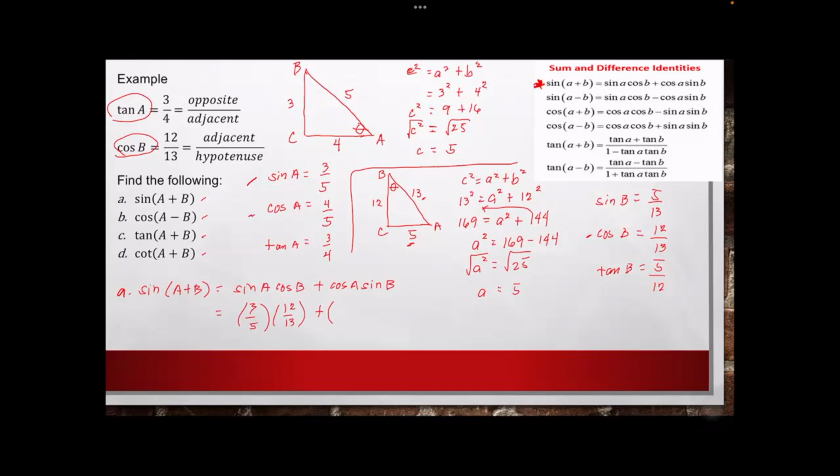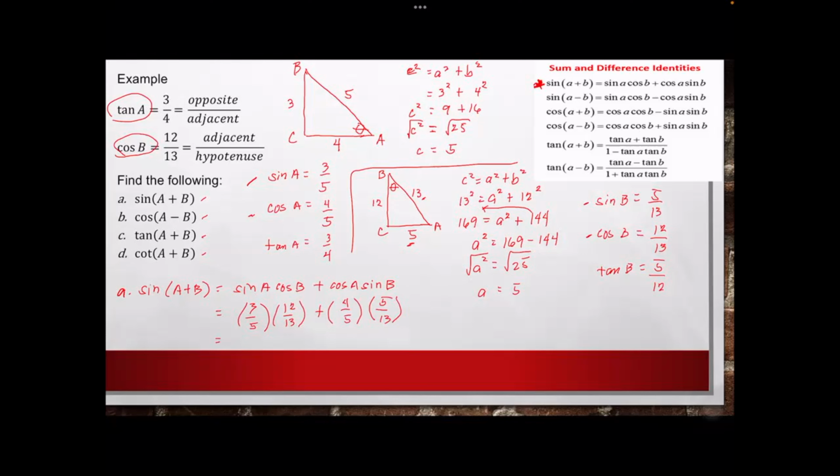Ito siya, which is 4 over 5. Ano yung value ng sin B? Dito yon. This is 5 over 13. Yun na yun. 12 over 13 plus the cosine A is 4 over 5. The sin B is 5 over 13.